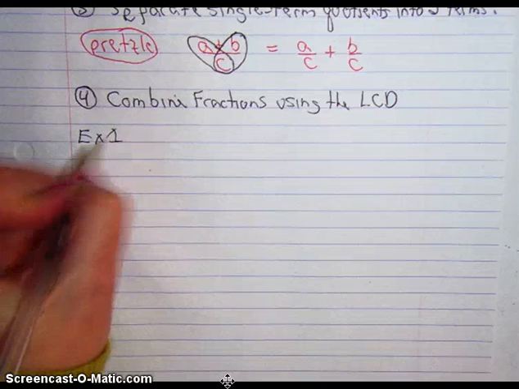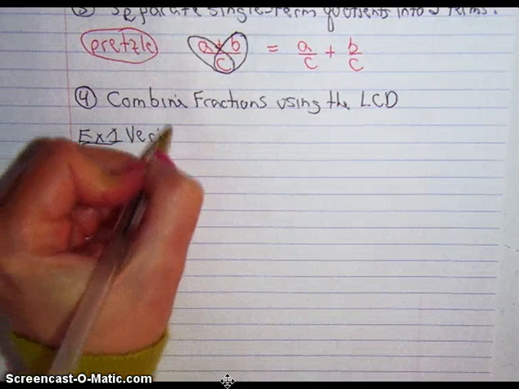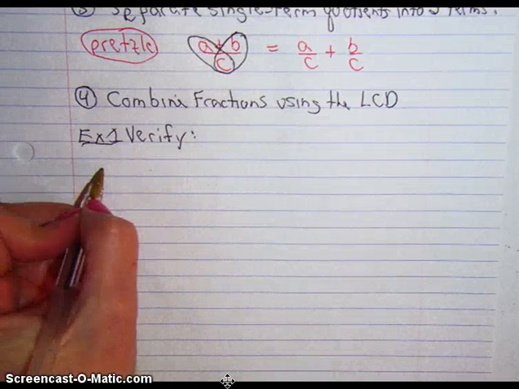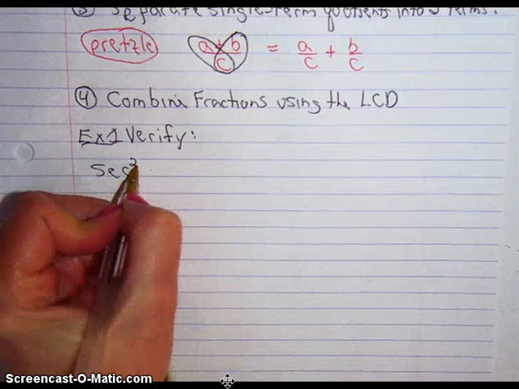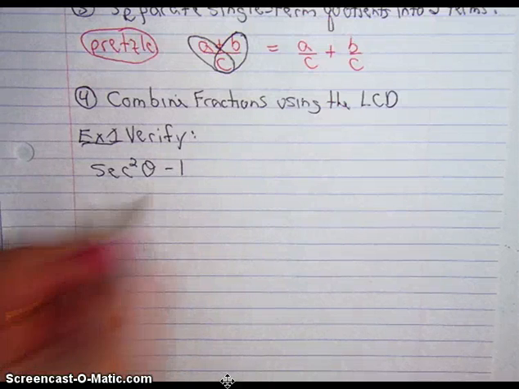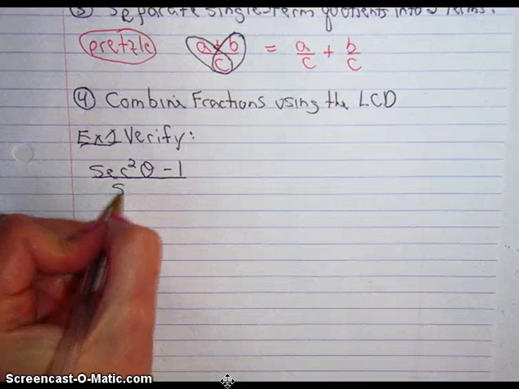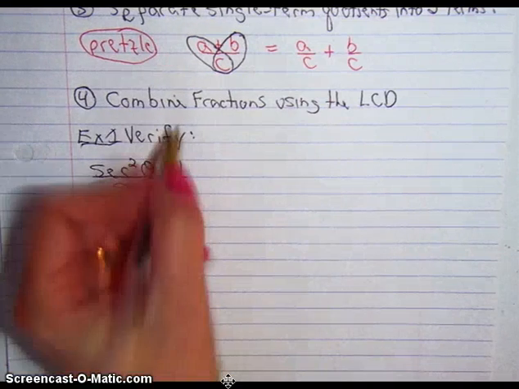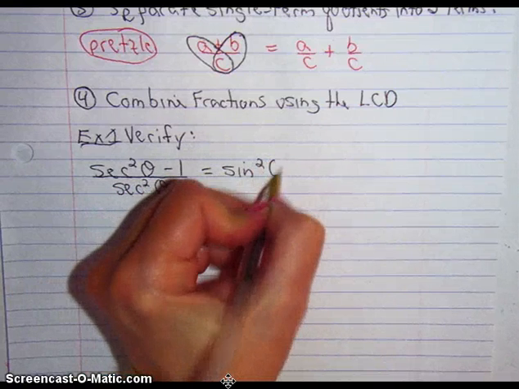Example 1. Verify that secant squared theta minus 1 over secant squared theta equals sine squared theta.